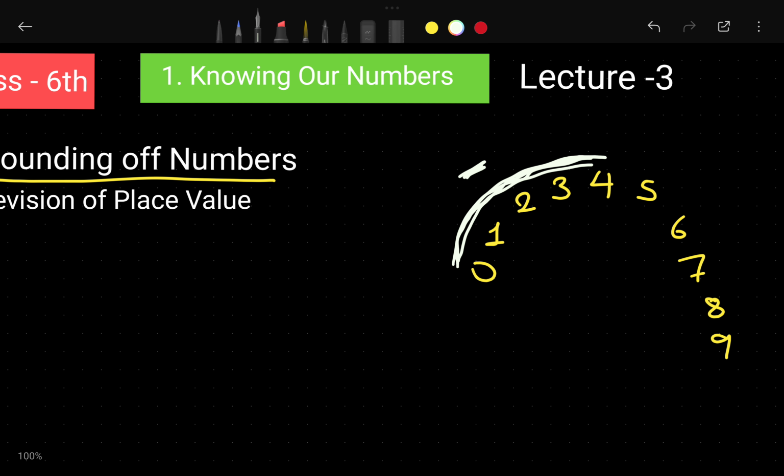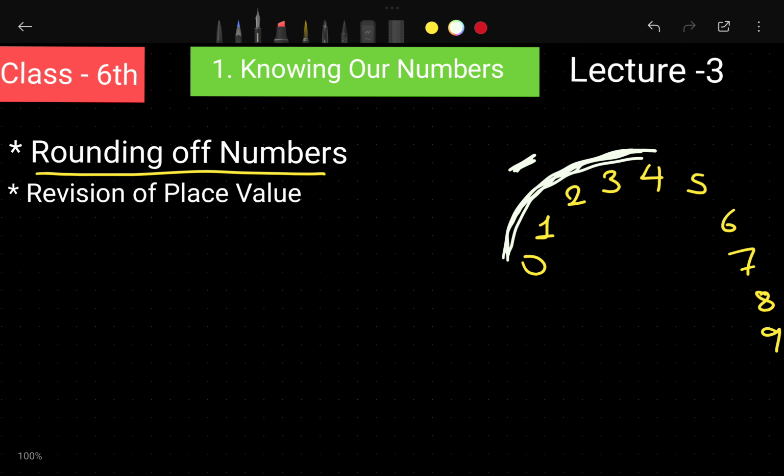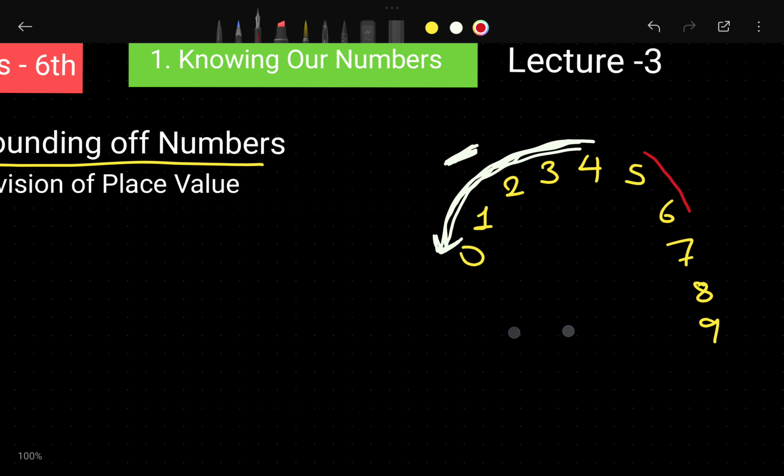In this section, the number we are rounding goes downside, it goes negative. But whenever we see a number from 5 to 9, it is going to be positive.